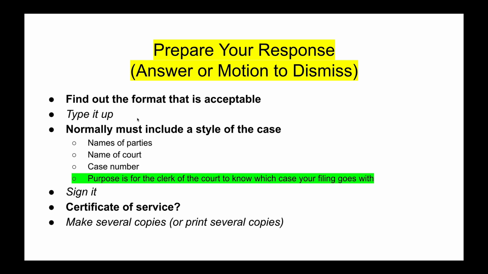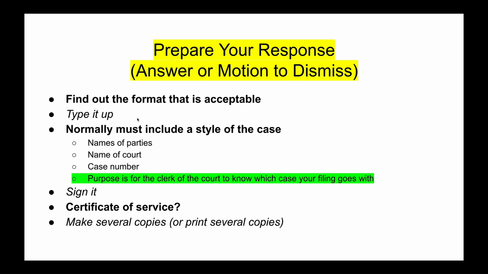So you want to identify who the parties are, what the court is, and the case number. And the whole purpose of this is so that your document that you want to file in court, the clerk of the court who keeps up with all this knows, well, which sort of physical folder. It may all be electronic, but which folder, which case does your answer or your motion to dismiss go in?